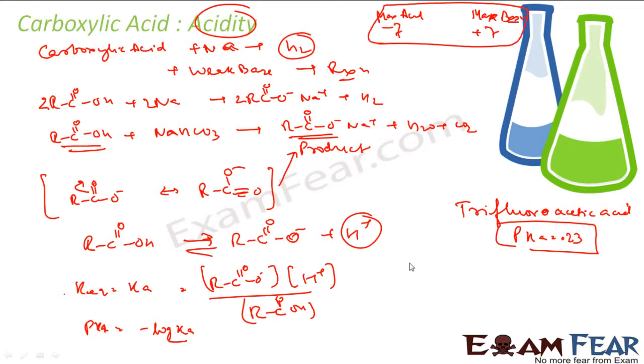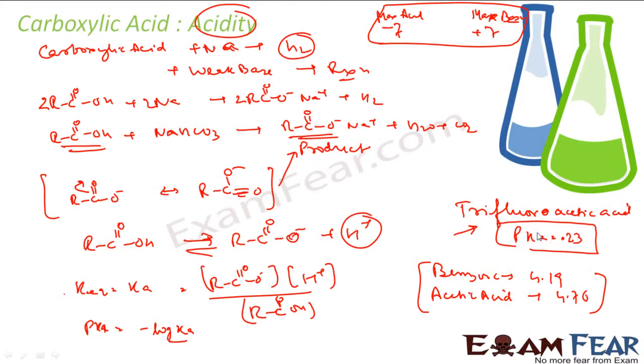If you see benzoic acid, it has a pKa of 4.19, and acetic acid has a pKa of 4.76, like that. But the strongest organic acid is trifluoroacetic acid, with a pKa of 0.23.